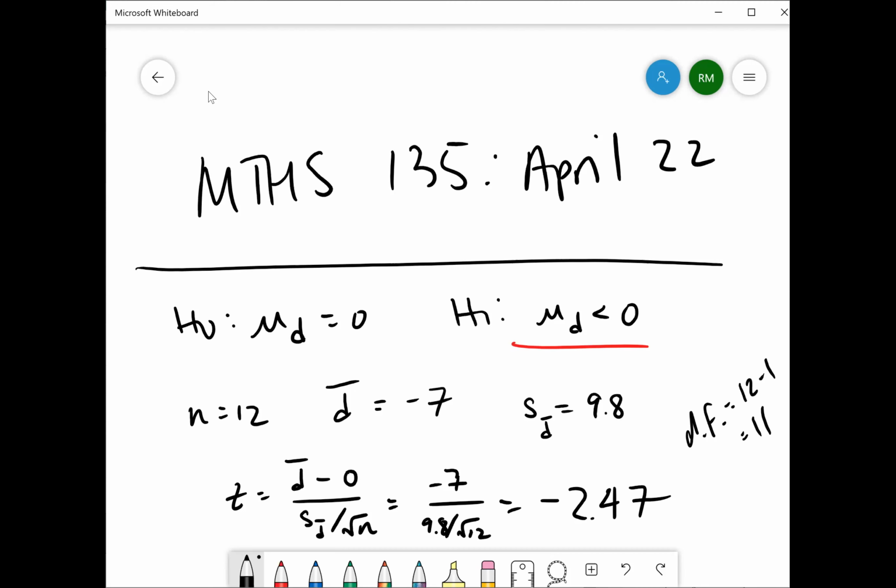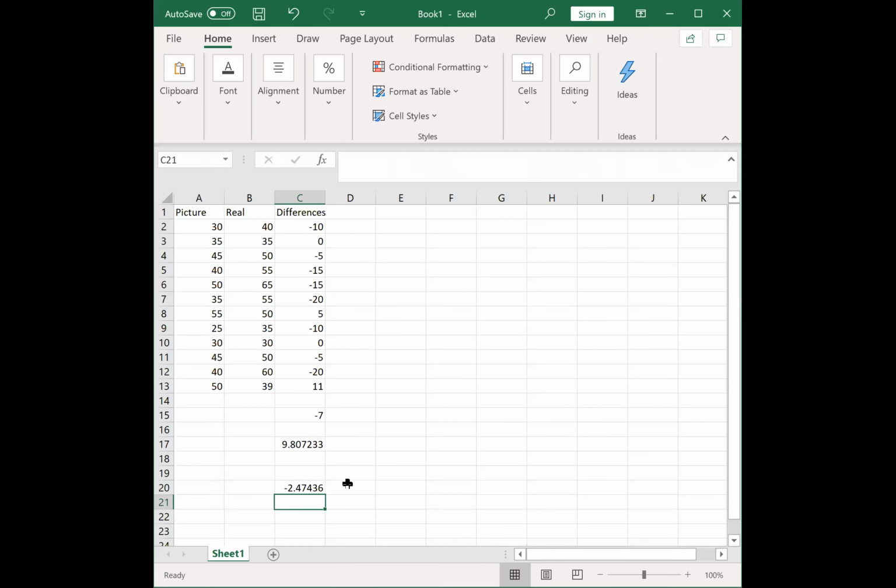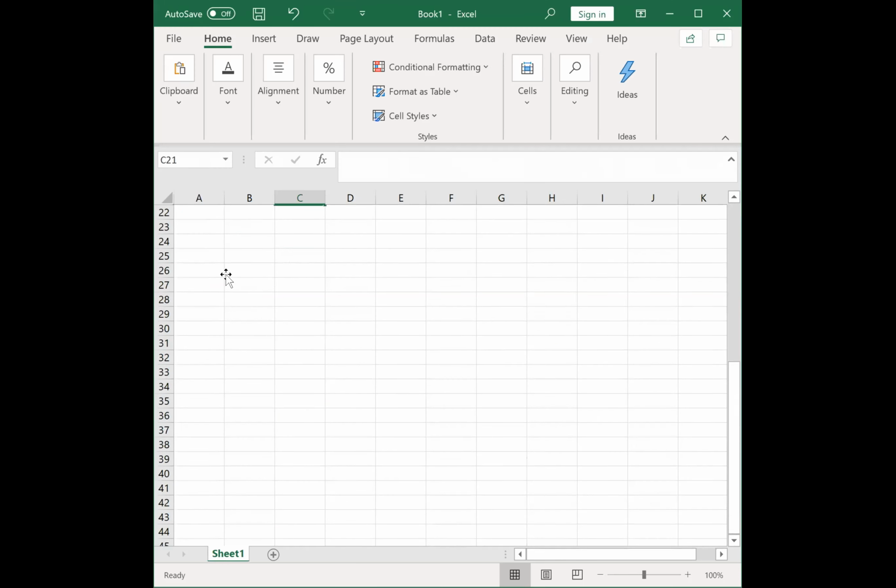So let's go back to Excel. And let's calculate the p-value. So it should equal t.distribution of the negative 2.47 with 11 degrees of freedom, and we always put true. And that gives us a p-value of 0.016 roughly.